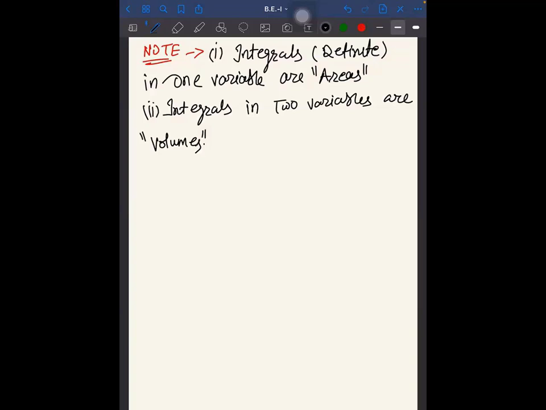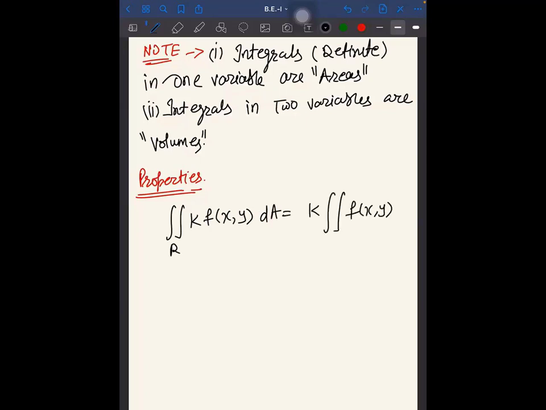So it also has some nice properties which are analogous to the one dimensional case. A few properties. So if you multiply by k, you can take that k outside. This is something which we used to do in 1D as well.